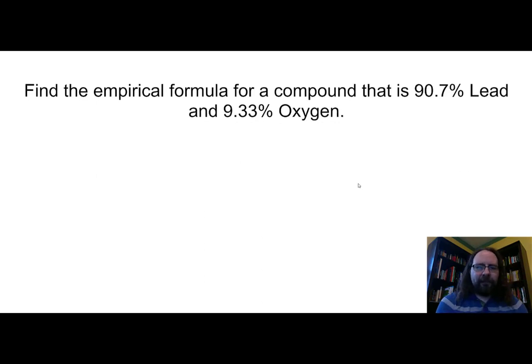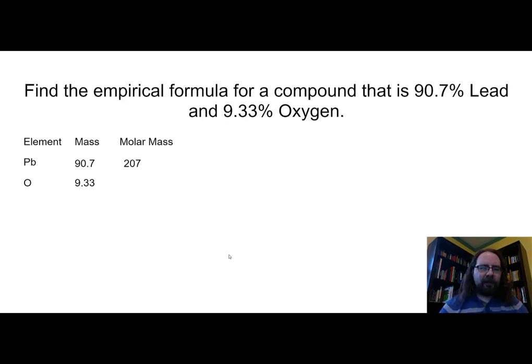And last example, find the empirical formula for a compound that is 90.7% lead and 9.33% oxygen. Just good life advice: if you're ever working with anything that's 90.7% lead, you should probably be somewhat careful because it's probably highly toxic, and actually this compound is no exception. So we're starting with lead and oxygen, and again I'm just turning their percentages into masses.